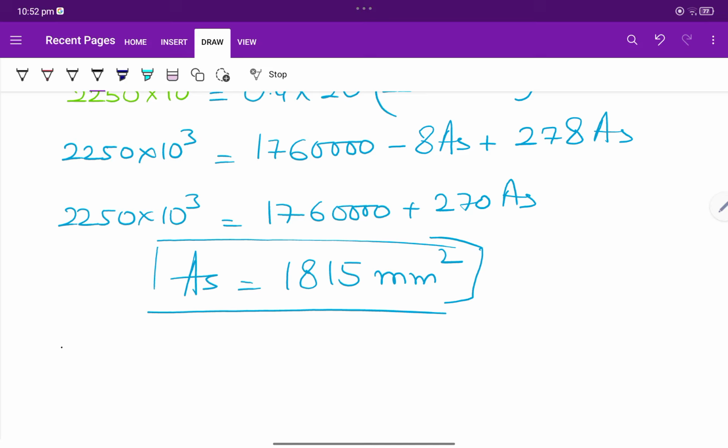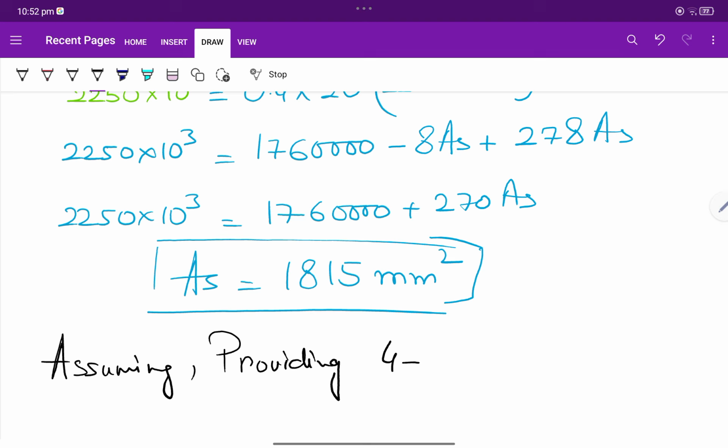So we are assuming that we are providing 4 number of 16 dia bar and 4 number of 20 dia bar.